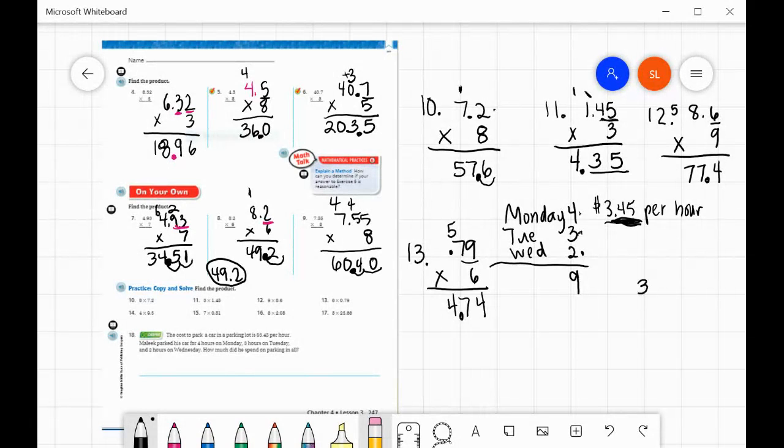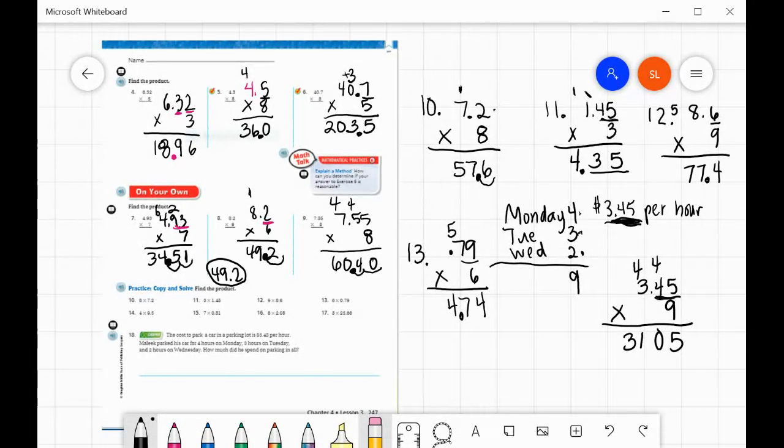So we're going to take $3.45 and we're going to multiply it times 9. 9 times 5 is 45. 9 times 4 is 36, plus 4 is 40. 9 times 3 is 27, plus 4 is 31.